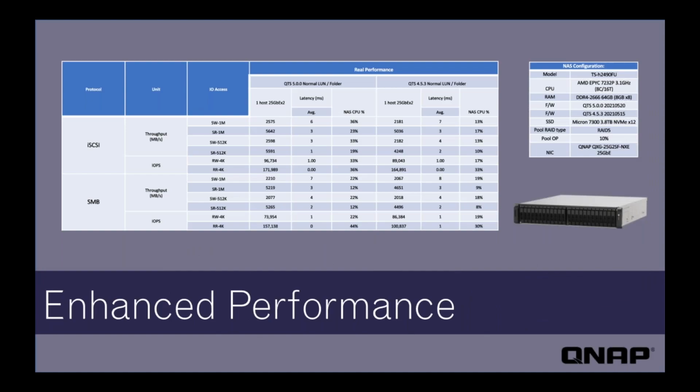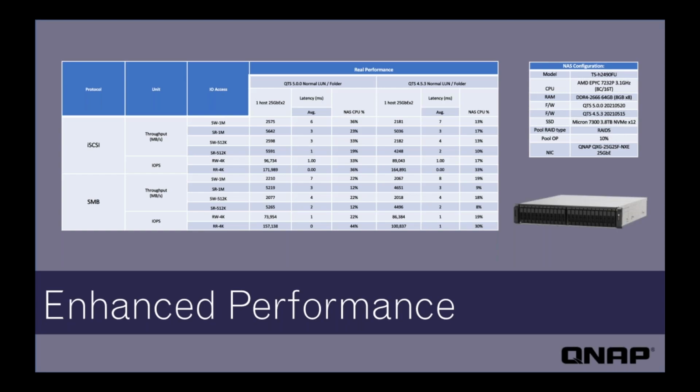The release of QTS5 is also bringing with it a new kernel, Linux kernel 5.10. With this addition, you can expect a substantial boost in PCIe performance and, in turn, improved NVMe SSD caching performance.